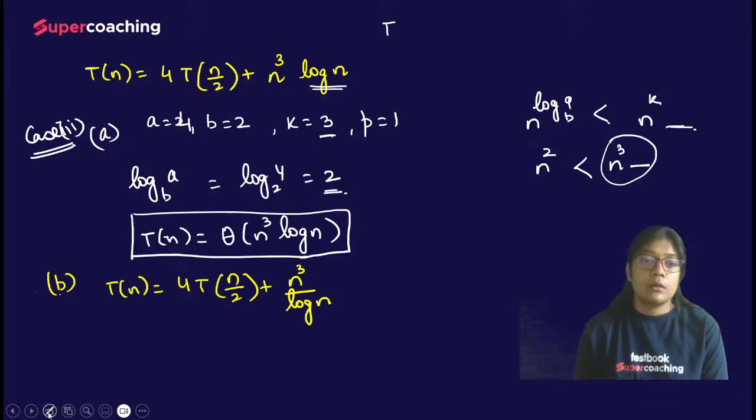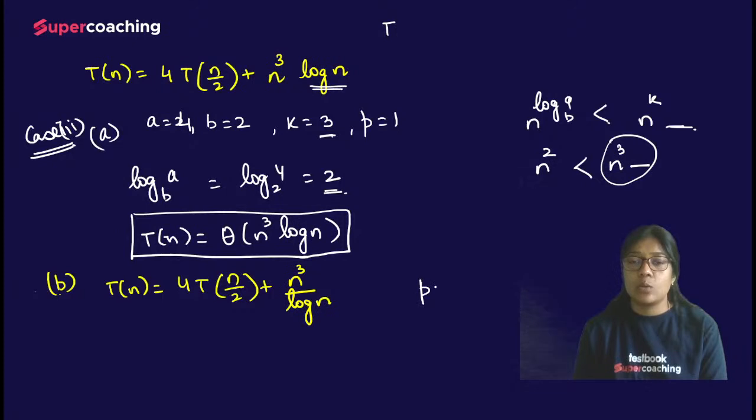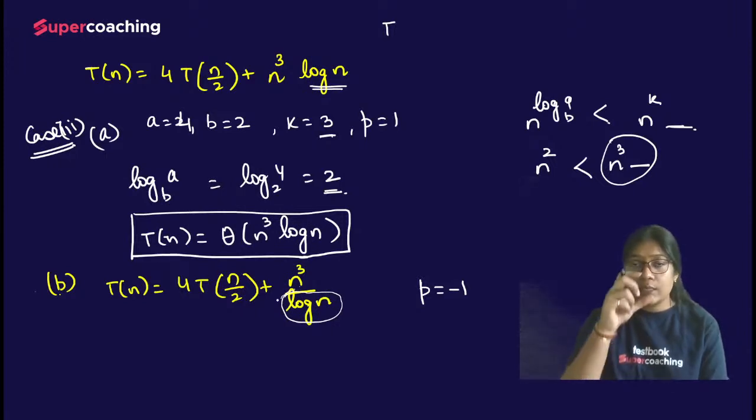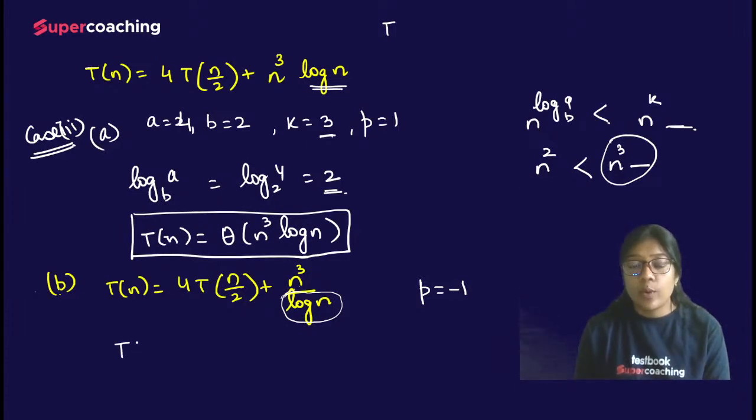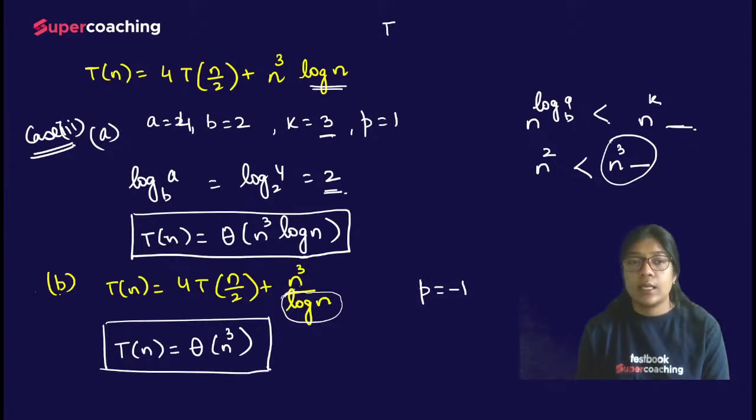Since here the logarithmic term is in the denominator, or we can say that p is equal to -1, अगर p less than 0 है, then what is the case? यहाँ पे n cube numerator में, this is a greater function, but this term is making it smaller, it is reducing the value of f of n, so simply we can ignore it while returning the time complexity, so it comes out to be only n cube. This is case B of case 3.